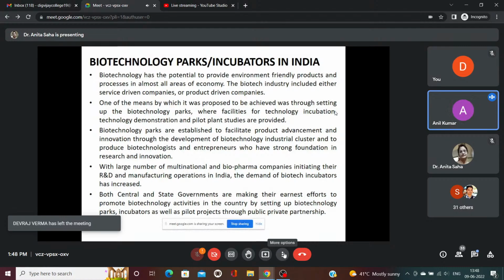The government of India has already developed the biotechnology park and incubation center. If you have any major R&D achievement, you can approach the biotechnology park and incubator center in India. Definitely, they will link your work with the industry, and they will facilitate any kind of help which is required by the researchers.